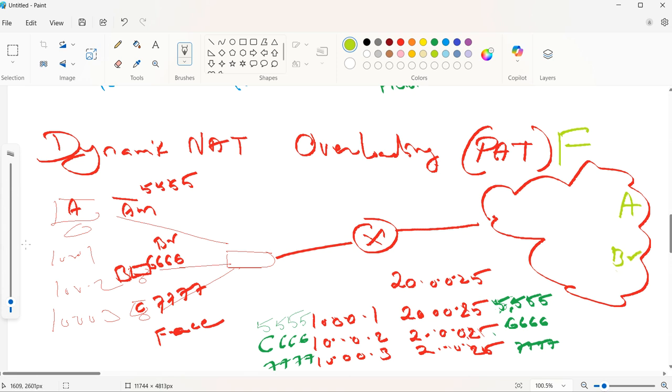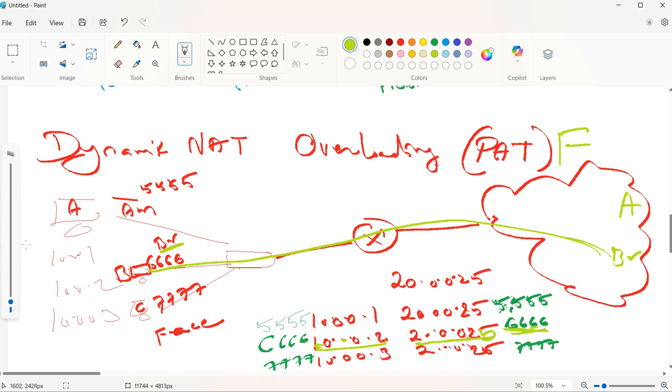When British Airways responds, it will respond to the port number 6666. So it knows that any traffic coming to this IP address with port number 6666 should be translated to 10.0.0.2. So the British Airways response goes only to 10.0.0.2. He's the original requester of British Airways.